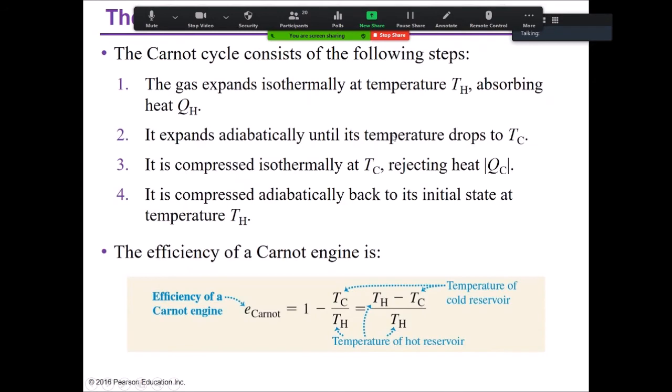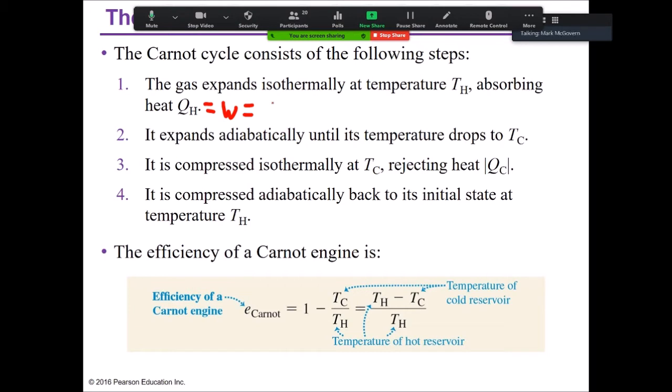Okay. So those are the steps. The gas expands isothermally at temperature TH, absorbing heat QH. Now, to be clear, what happens here is the following. Our QH is equal to the work being done. Now, the work being done in an isothermal expansion, remember, the work is the integral of P dV.